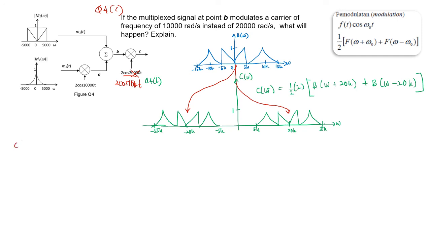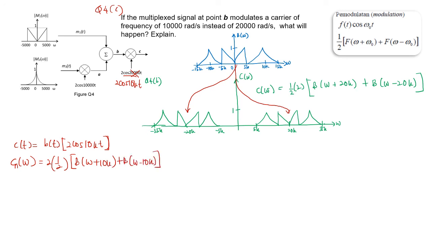So C(t) equals B(t) multiplied by 2 cos 10kt. If we convert this into Fourier transform, you get C omega equal to 1/2 [B(omega + 10k) + B(omega - 10k)]. You'll notice that the signal B omega is now shifted to the right and to the left by only 10k. So how to draw this?